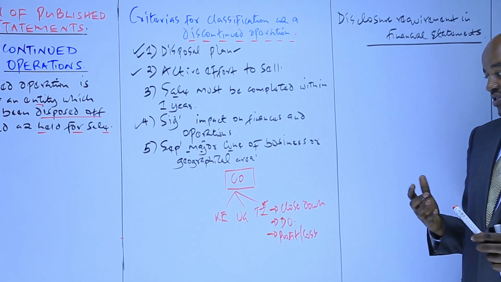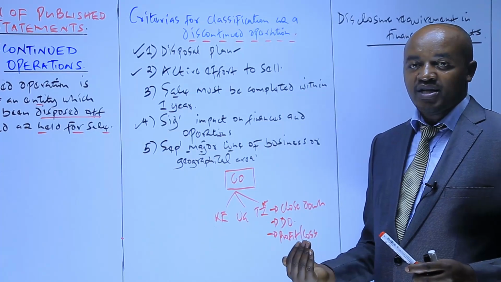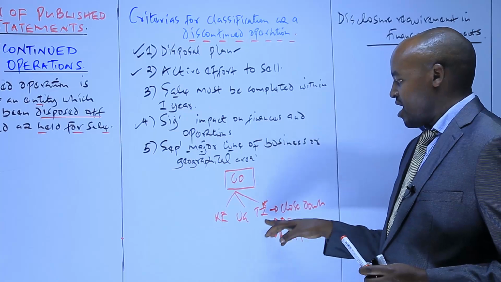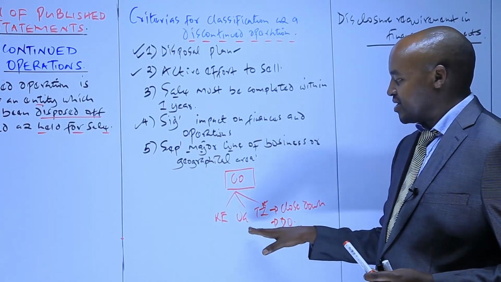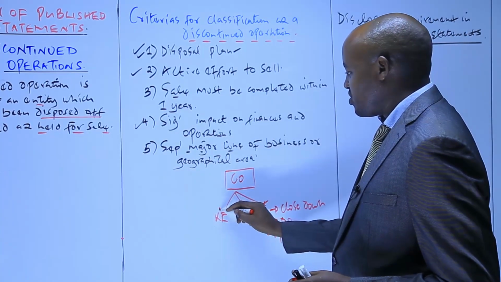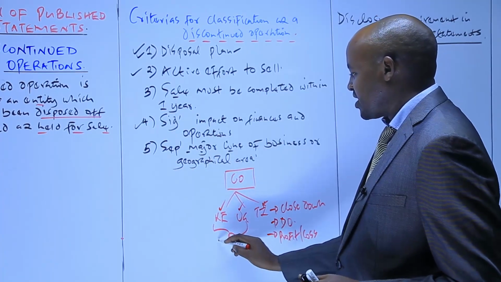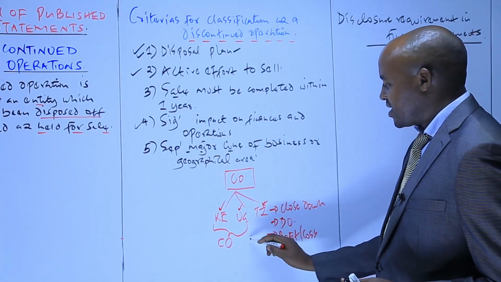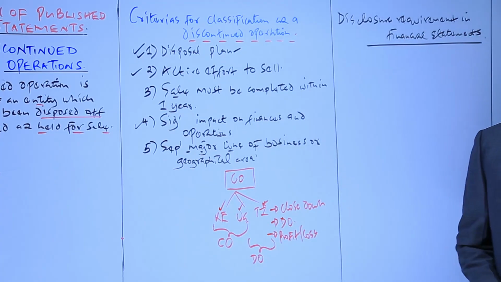Basically, when the company is preparing the income statement at the end of the year, it should not combine the revenue and expenses of this branch which has been closed down with the revenue and expenses of the other branches. The branches which are still operating, the branch in Kenya and the branch in Uganda, we refer to as continuing operations. The Tanzania branch which has been closed down because it has been making losses, we refer to as a discontinued operation.